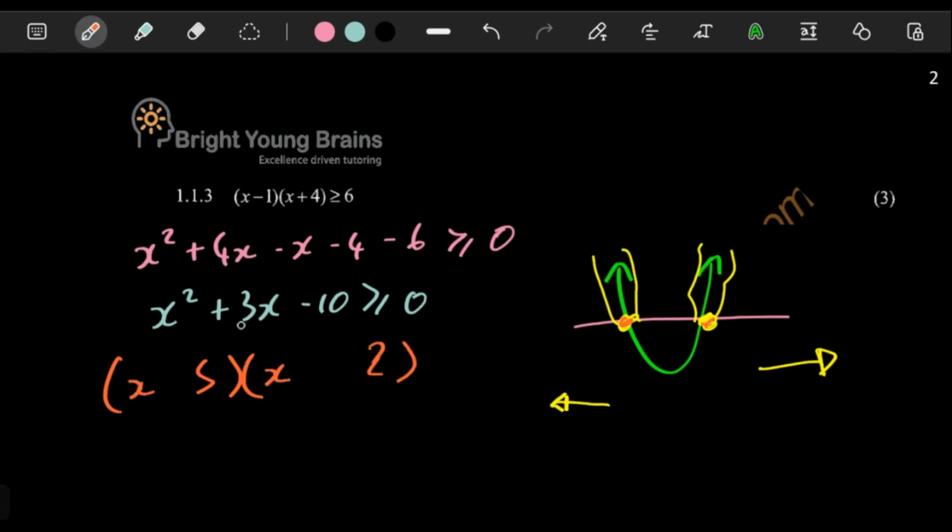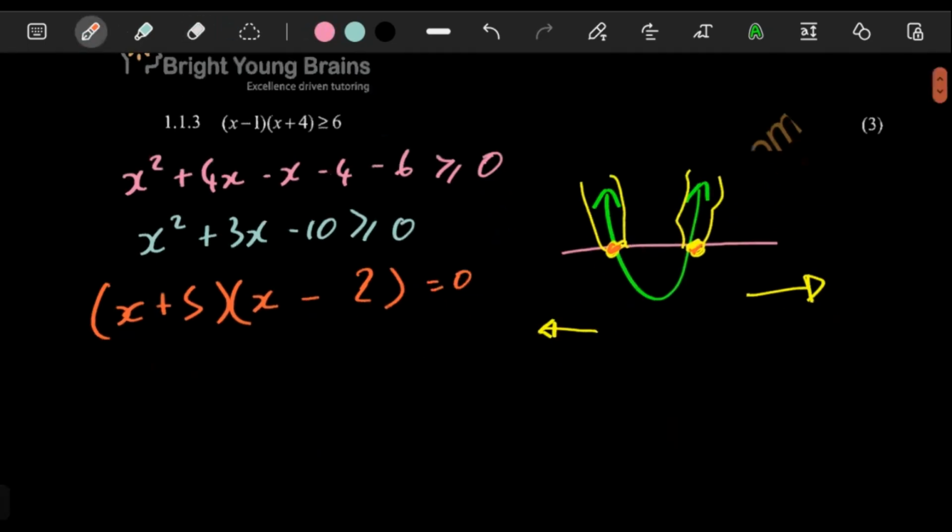To get a plus 3, you have to say plus 5 minus 2. And then this is bigger or equal to, well, whichever way, you want to just solve for x first in this case. So solving for x, you're going to get x is equal to negative 5 or x is equal to 2. So here you're going to get negative 5, here you're going to get 2.